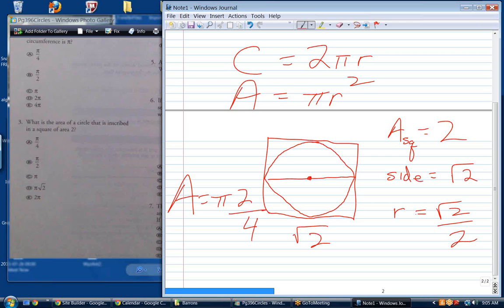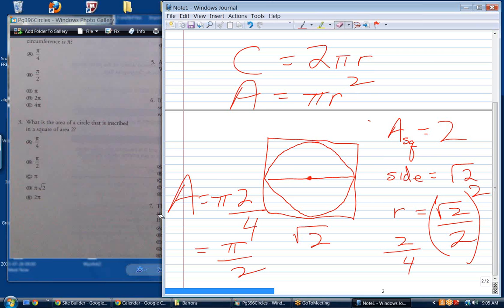If I square this, I get 2 over 4. So it's pi times 2 over 4, or pi over 2. 2 pi over 4 is the same as pi over 2.